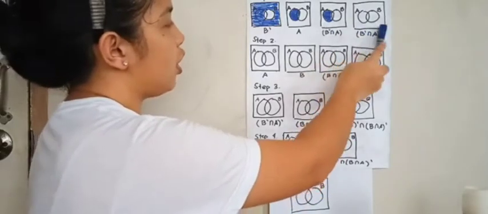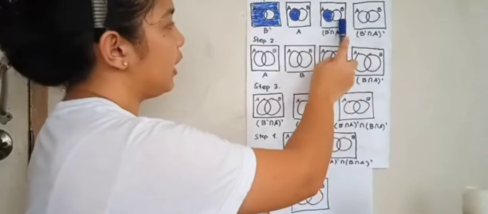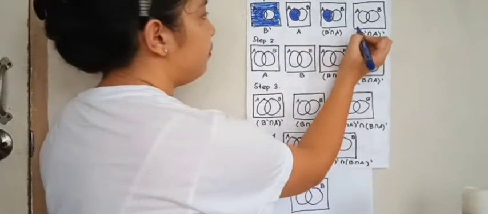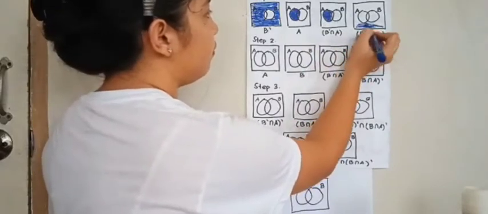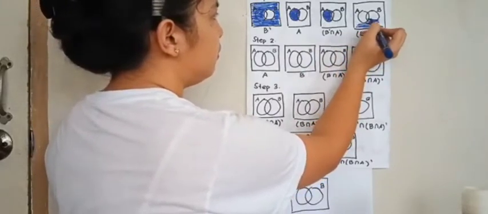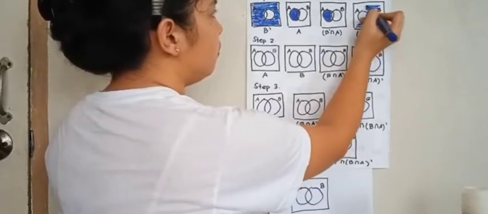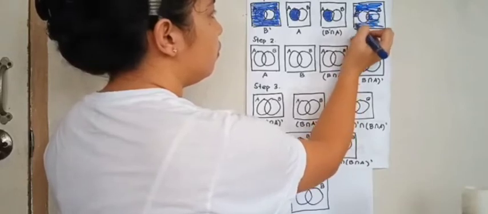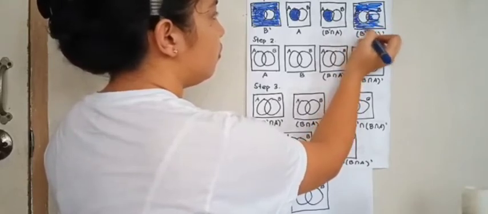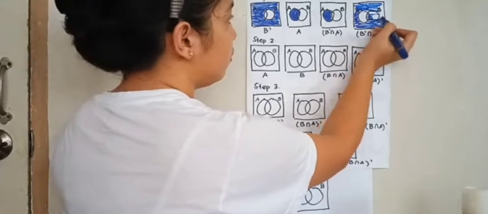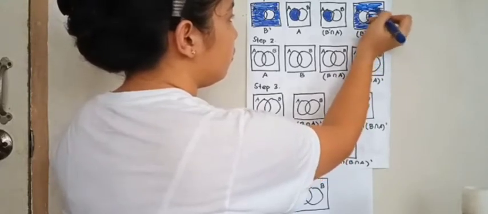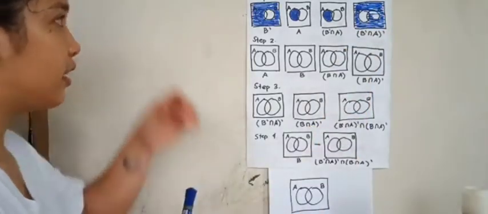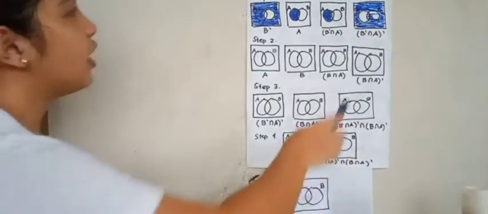So shade everything outside this circle. So this. Like that. So we get this one.